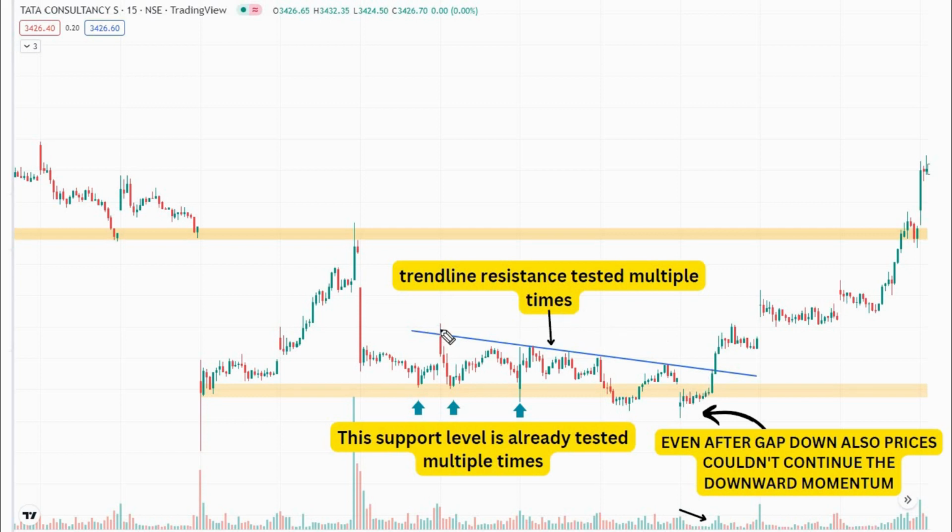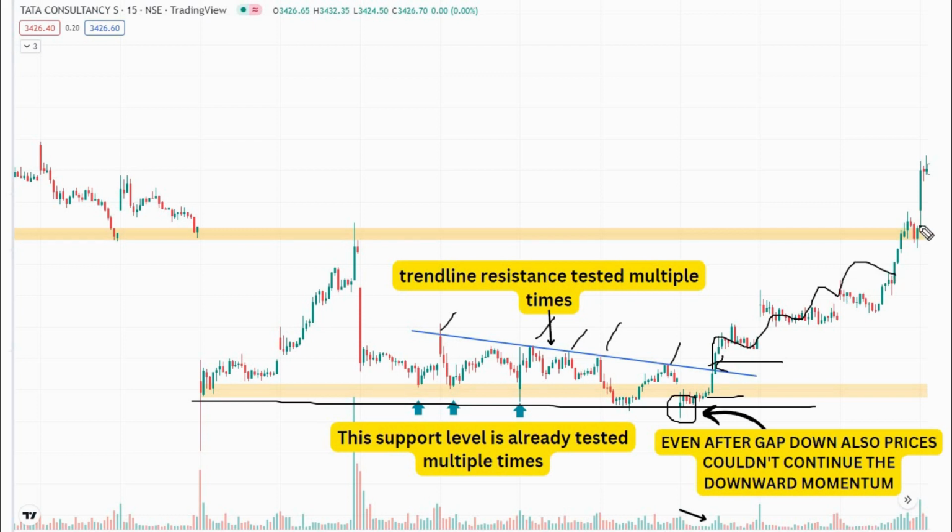This trend line is already tested multiple times, so it is already weak, and now we have a bear trap setup that is happening at these levels. So we could buy here, stop loss here, and see the huge upside momentum after that.